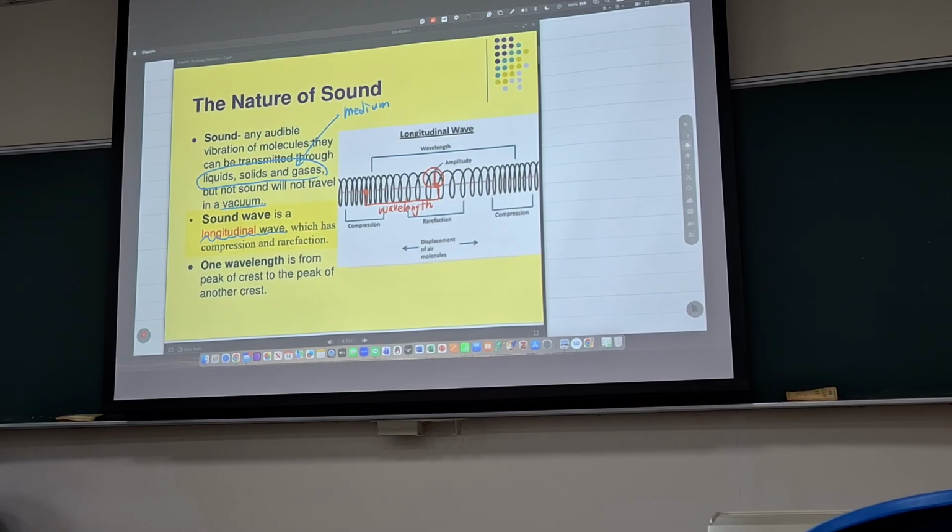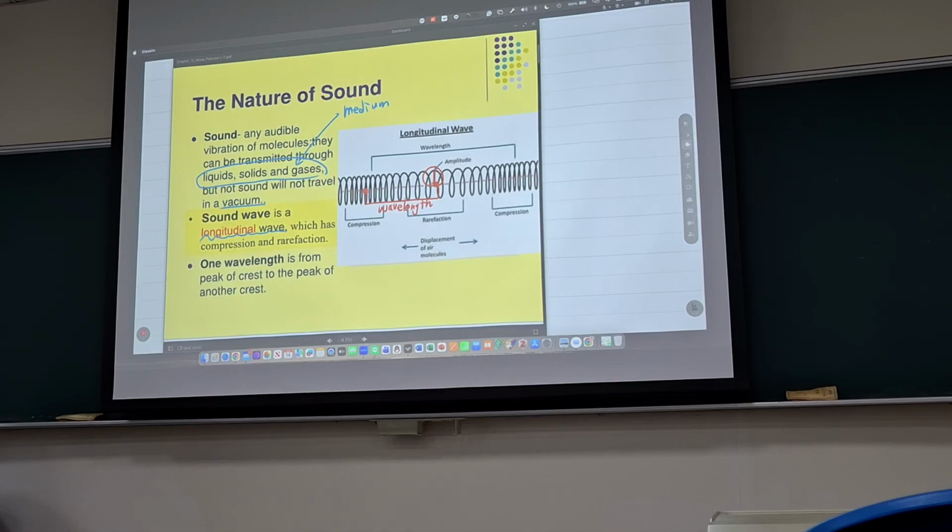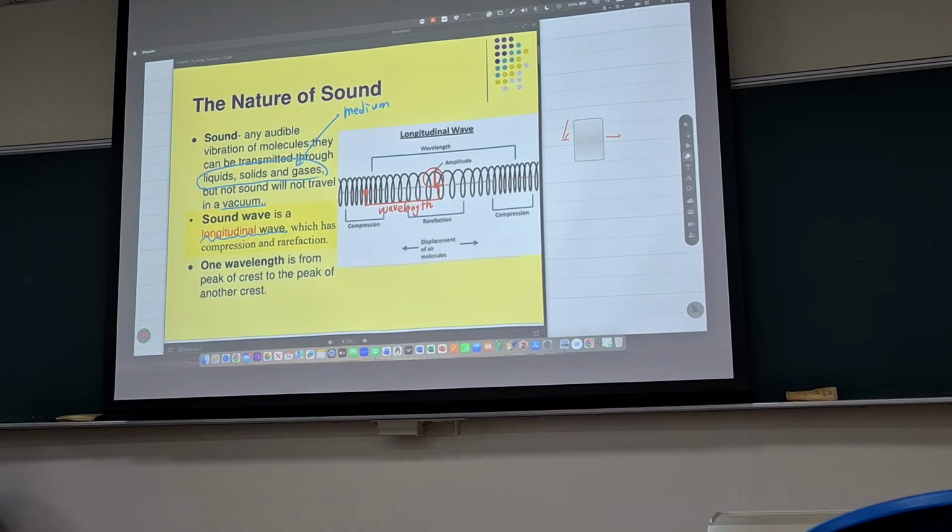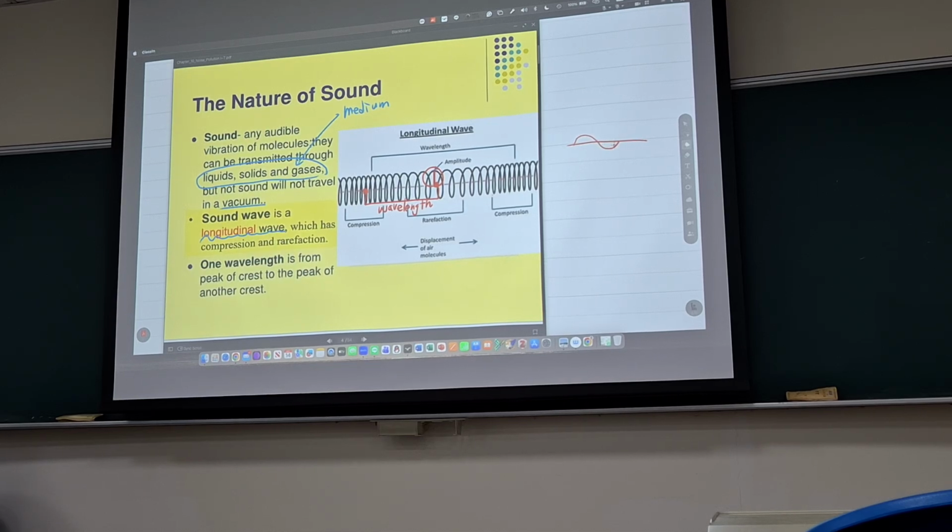Speaking louder means, for example, I speak like this, and I speak louder. I shouldn't use this, although this is not right, this is transverse, right?